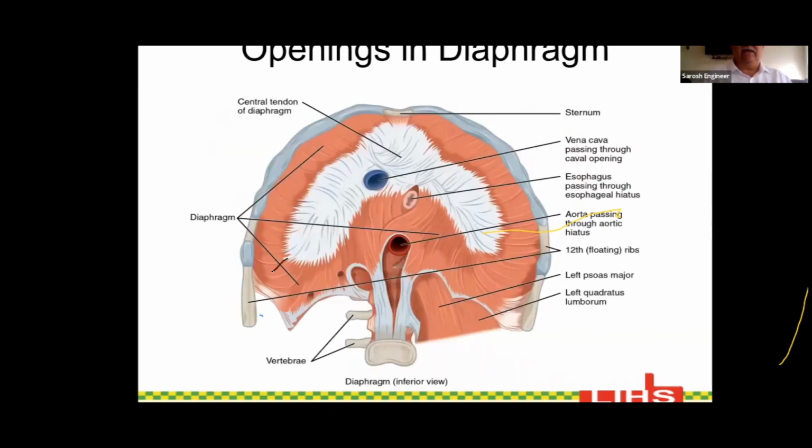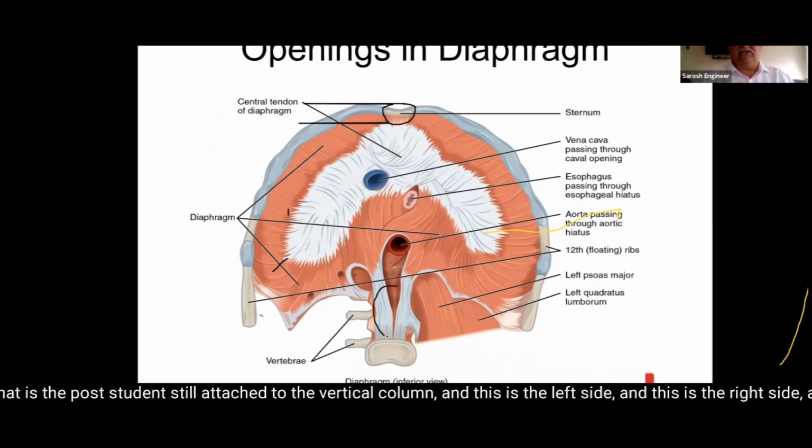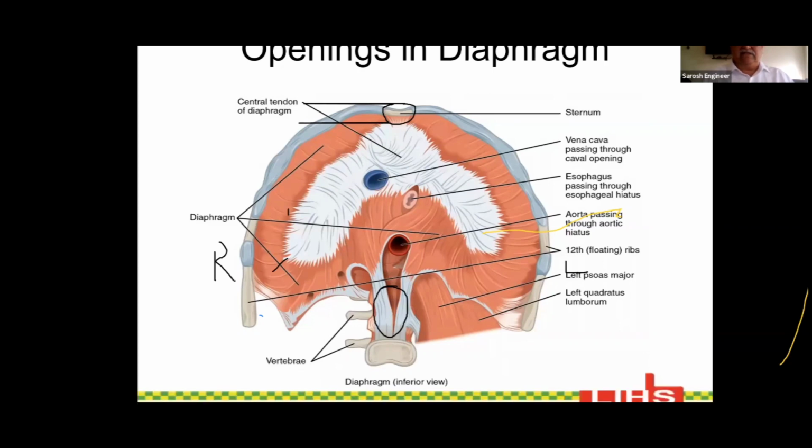So this is the anterior end. And I picked up the basket. That is the posterior end, still attached to the vertebral column. And this is the left side, and this is the right side. And I've lifted the diaphragm. Okay. This lifting of the diaphragm is done to show this. I want you to learn two things. One is I want you to see that there is an opening for the inferior vena cava, there's an opening for the esophagus, and there's an opening for the aorta.